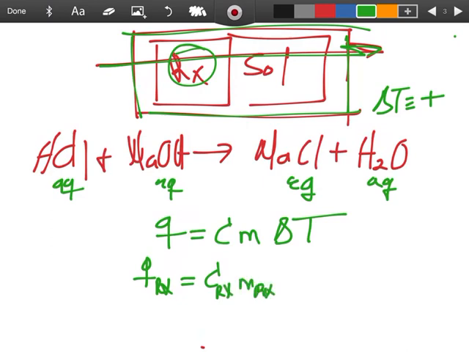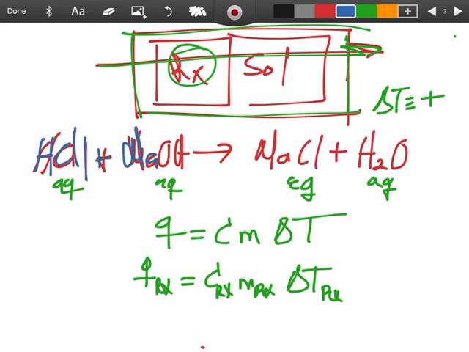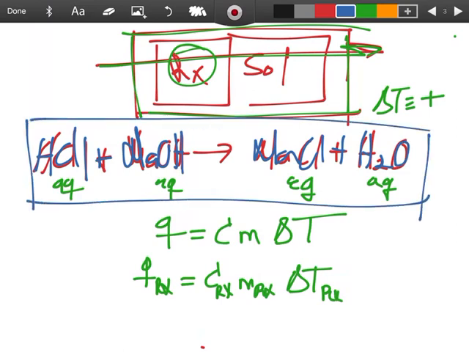Of the reaction times what? The change of temperature of the reaction. But look at this. I cannot have by myself only what? The reaction, right? I cannot have it alone, just like in the vacuum of space, or well, it would be difficult to have it, HCl plus NaOH and NaCl plus H2O, right? So actually, the reaction is going to be carried out where?